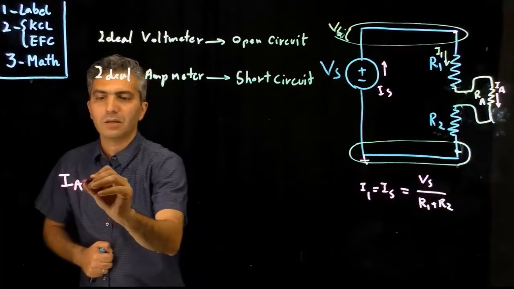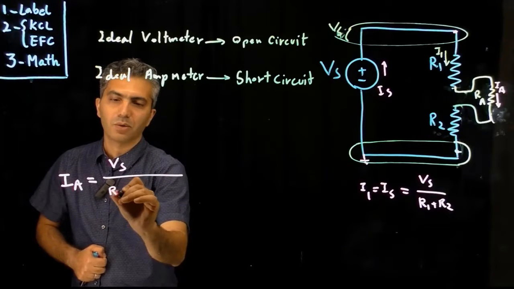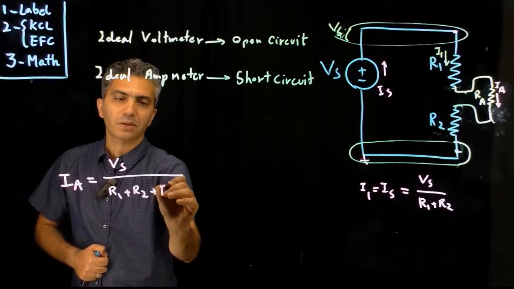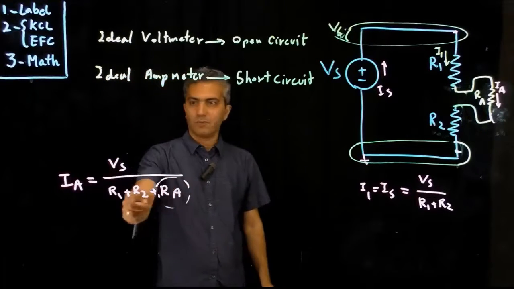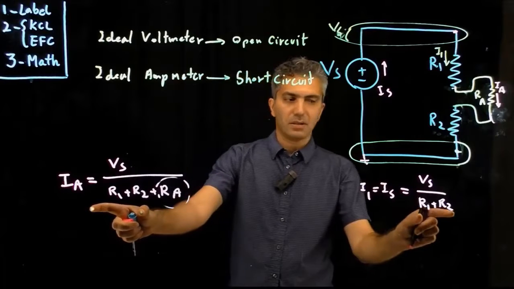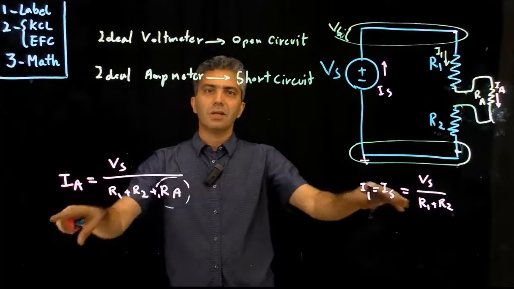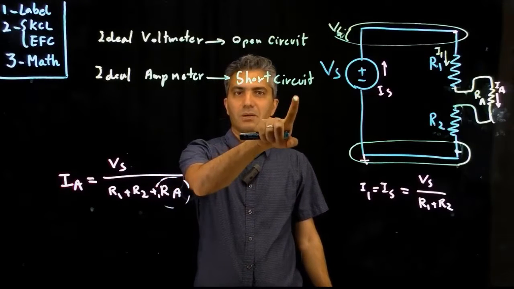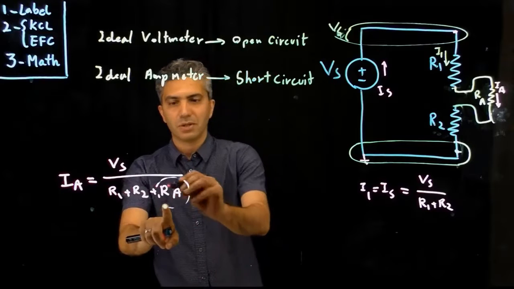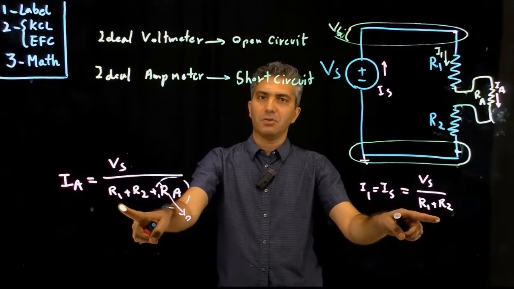So IA is equal to Vs divided by R1 plus R2 plus RA. This is the resistance of the ammeter. So obviously this current is different than that current, and now you can see through these equations that making it a short circuit makes sense, because if you make it a short circuit, that resistor becomes 0, and this equation goes back to that equation.